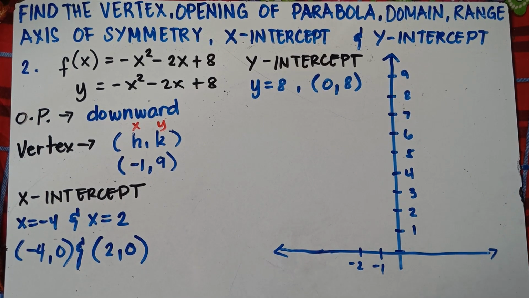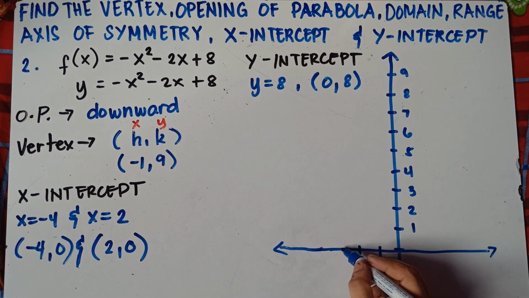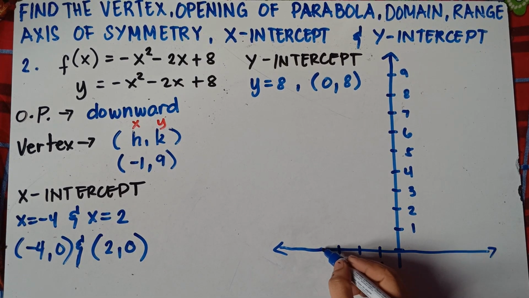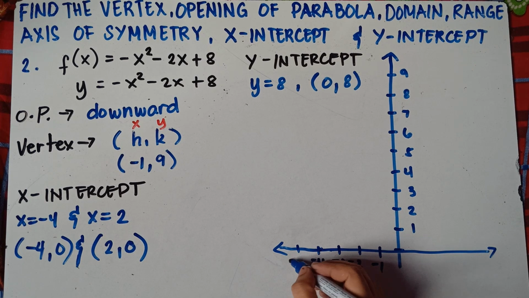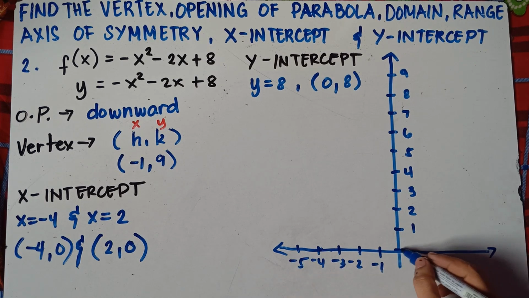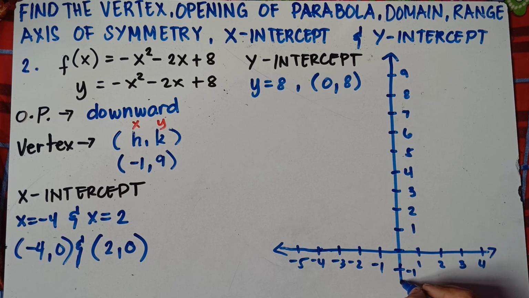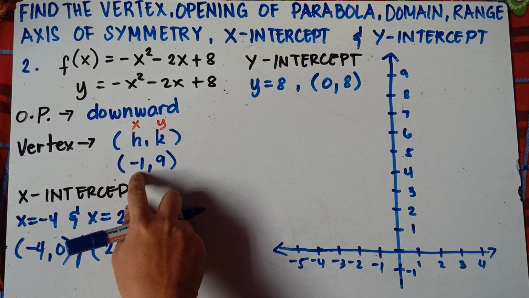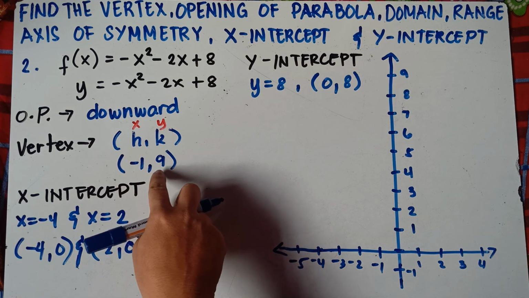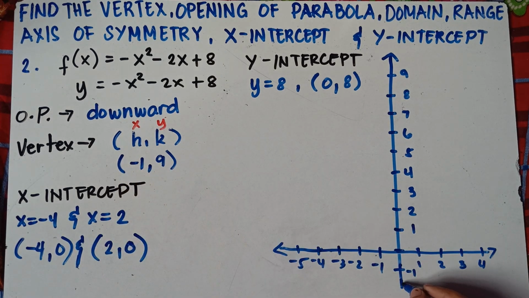If you want to learn more about how to plot points, class, I will put the link in the description down below. But I know you already know how to plot points. So we have negative 1 for h, then positive 9 for y.